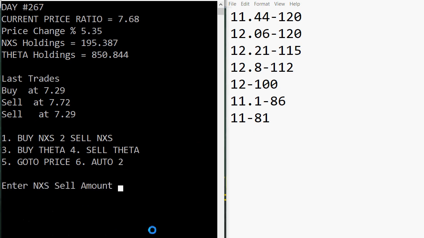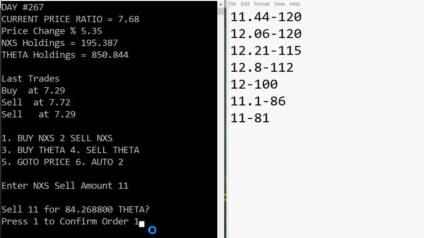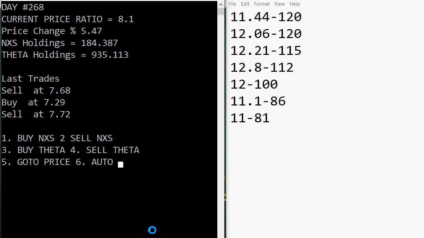Okay, let's sell the 11, get 84. I'm going to wait one more turn because I just have to see if I can get a better play. Yes, it worked. Okay. So now let's see what kind of gains we can get this way.